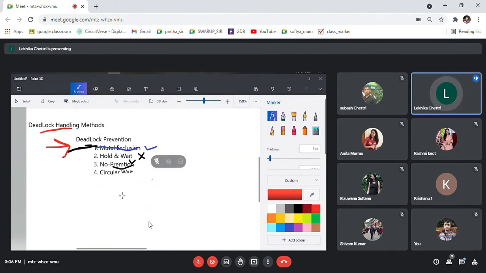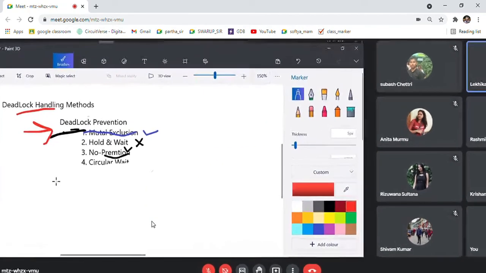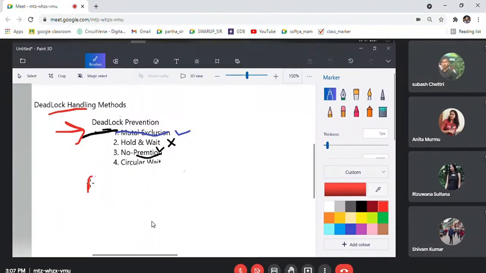Circular wait first says that whatever resources you have, let us say you have a scanner, a printer, a keyboard, etc. So what is circular wait? Something like this. Process P1 is waiting for S to complete its task, which is with P2.